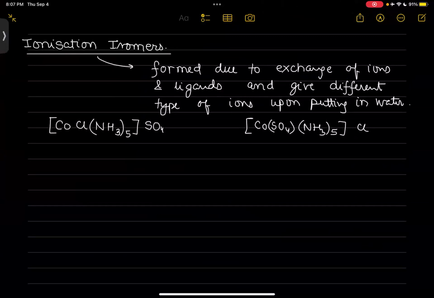The first one is pentaamminechloridocobalt(III) sulfate, and the second one is pentaamminesulfatocobalt(III) chloride. It is clearly visible that when you put them in water, they will ionize and give different ions.